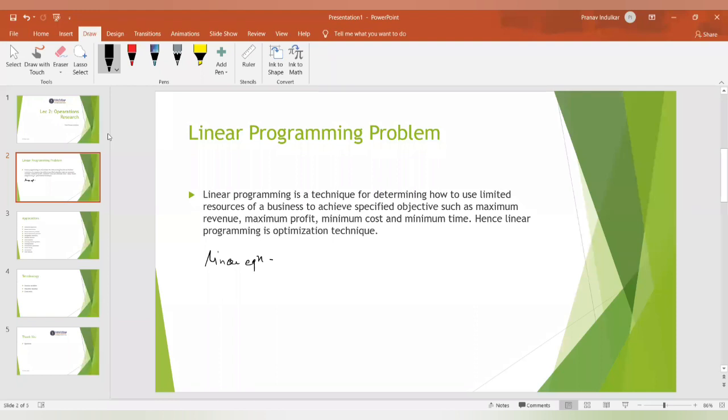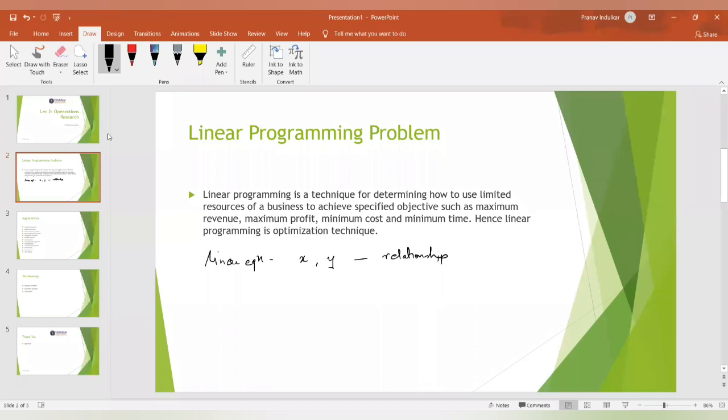Any idea what linear equations are about? Where there are two variables, x, y. There are two variables, right? So there is a relationship between these two variables.